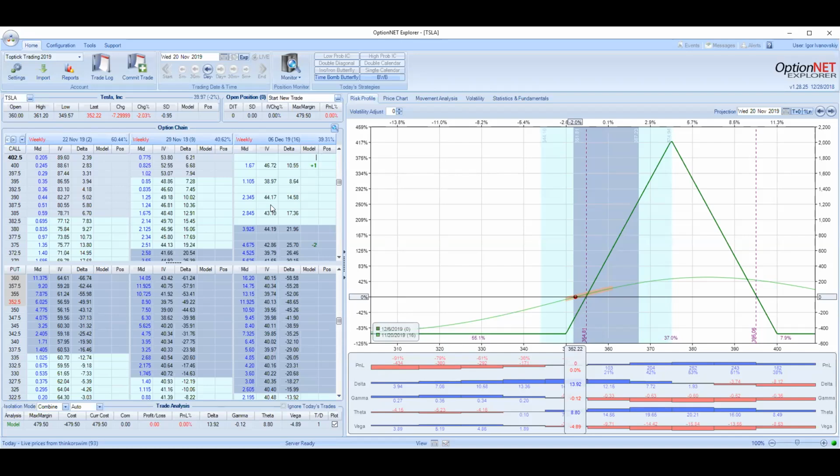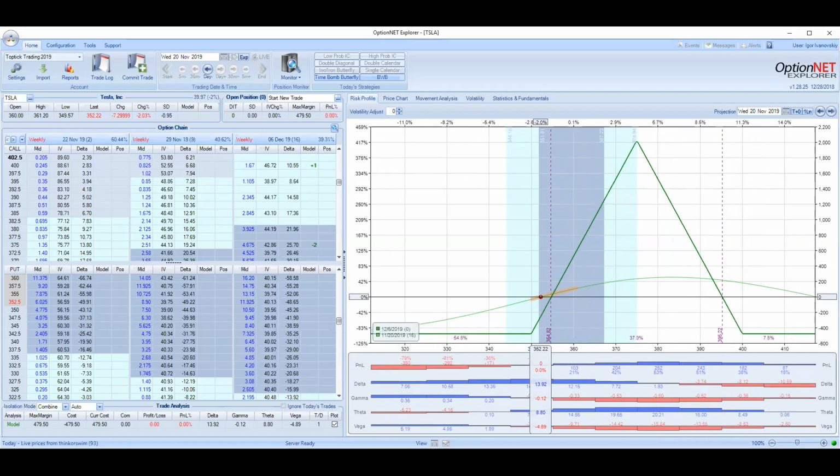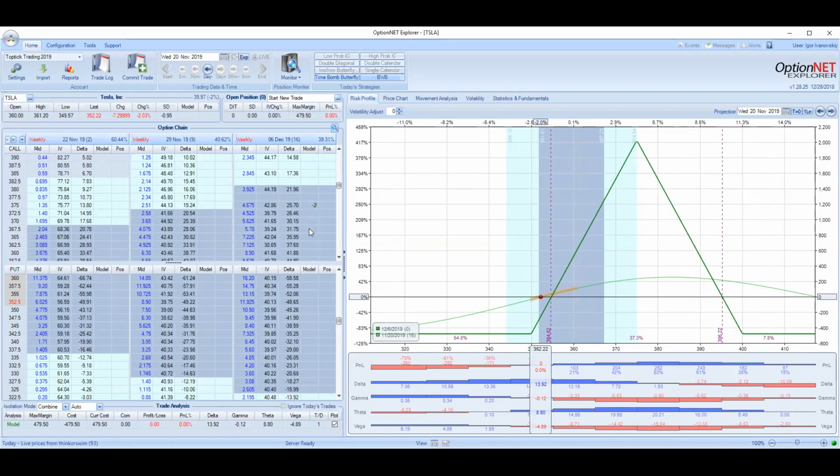This is Tesla, and let's assume that we had a bullish outlook on the price of Tesla in the next couple of weeks. We would be looking to put on an out of the money call butterfly. And what I did here, I looked at the price of an at the money straddle, which is somewhere around 25 points or so.